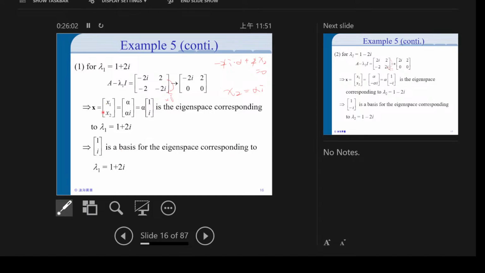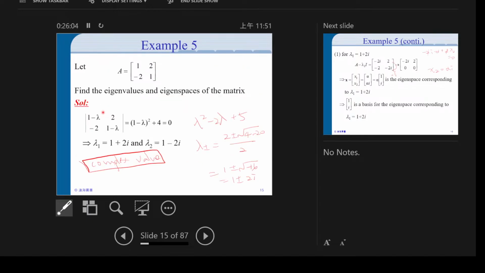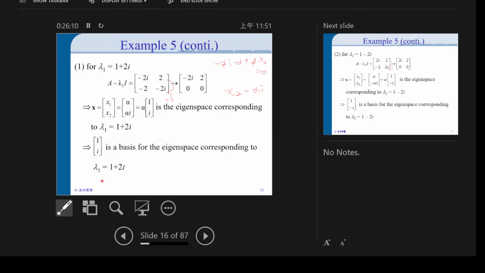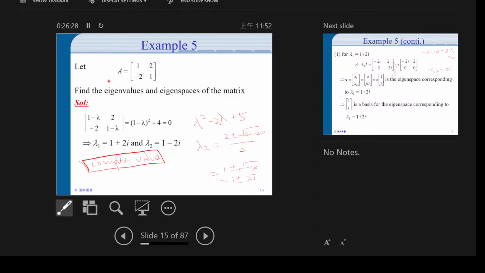Even though our matrix has real coefficients, our eigenvectors will actually become complex vectors. This makes things a bit complicated because remember, when we have a complex vector, its inner product is different. But anyway, let's do the calculation first.